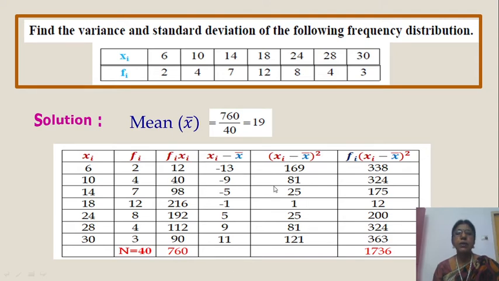So 2 into 169, 338. Next 81 into 4. Next 7 into 25, 175. Next 12 into 1, 12, like this. So you get these values. Adding all these values, you get summation of fi xi minus x bar square. Now the n is sigma fi here, 40.